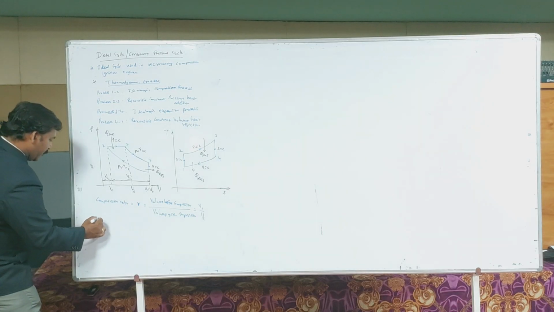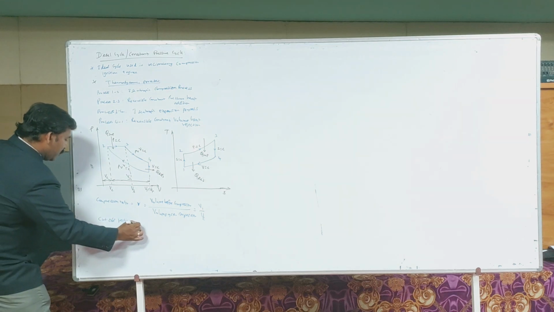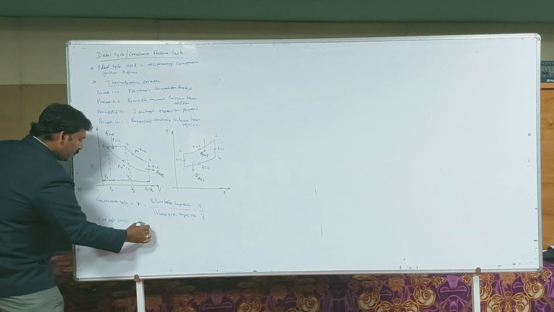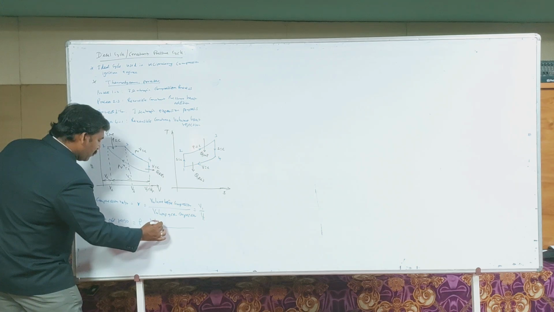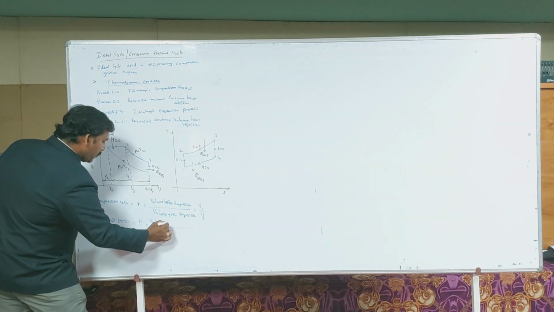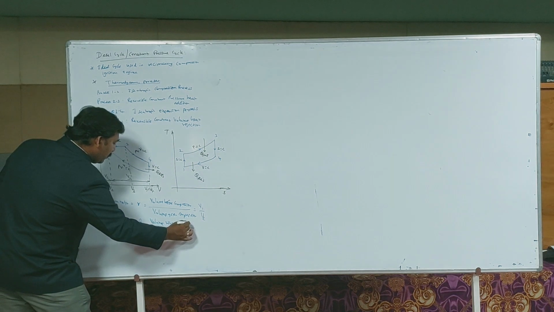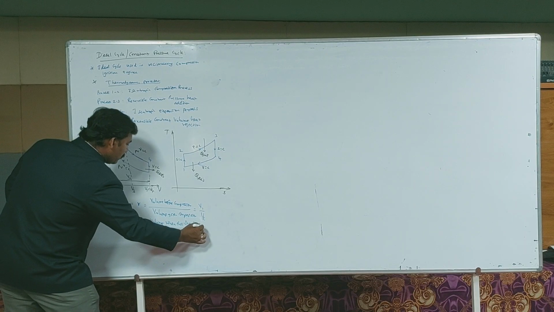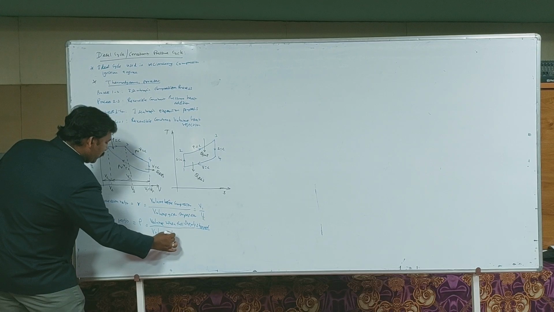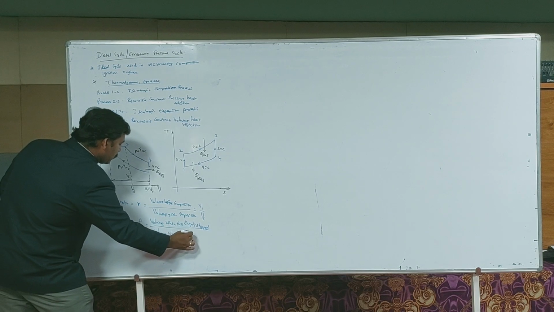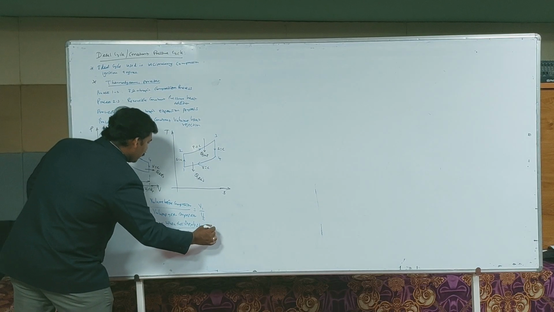Then the cutoff ratio, which is denoted using the symbol rho, is the ratio of the volume when fuel supply stopped to the volume when fuel supply started.